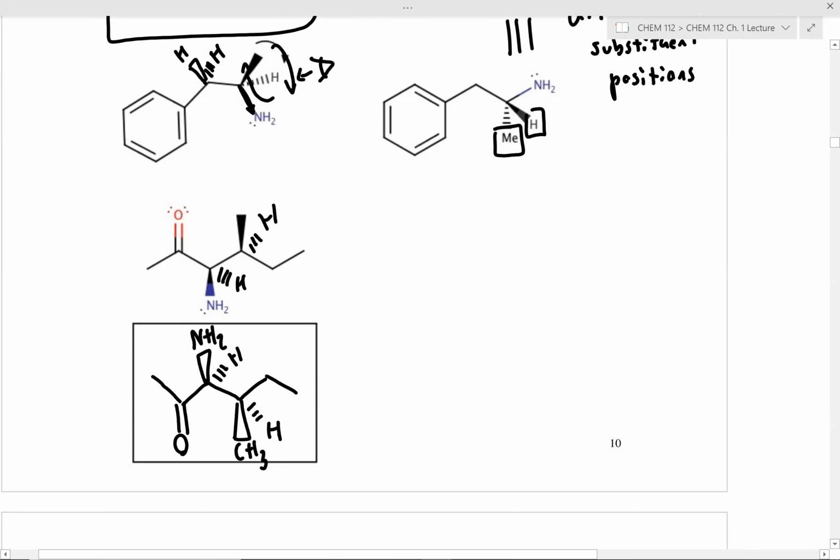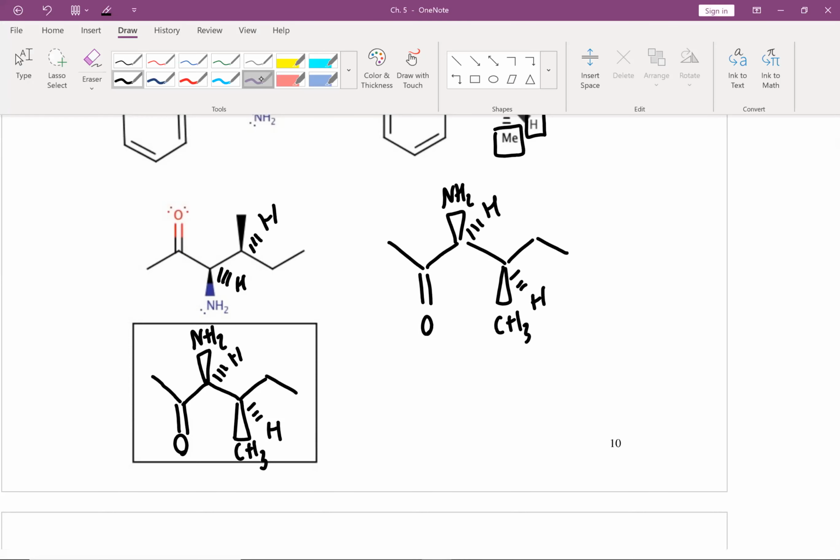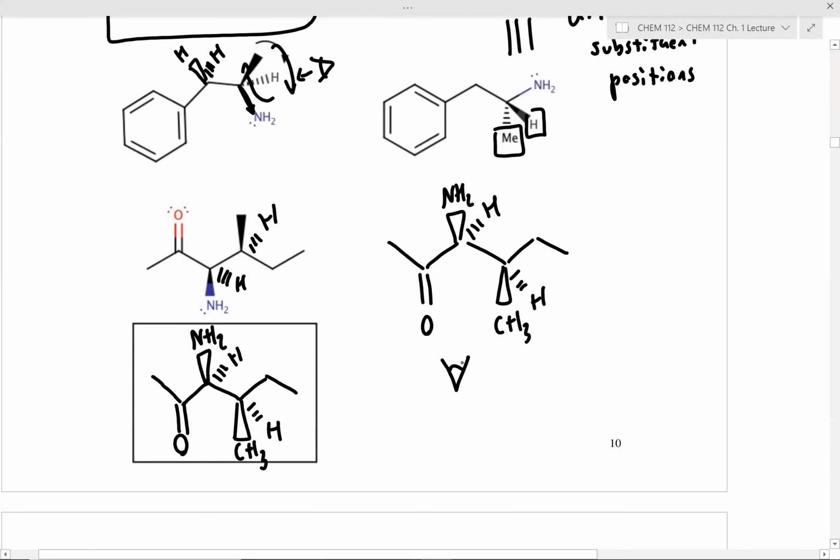Now, to show that these two molecules are enantiomers, instead of subjecting this molecule to just rotation, all we have to do is change our view perspective. Again, just like before, if we think about it from the perspective of planes, we're currently viewing our molecule from the front.